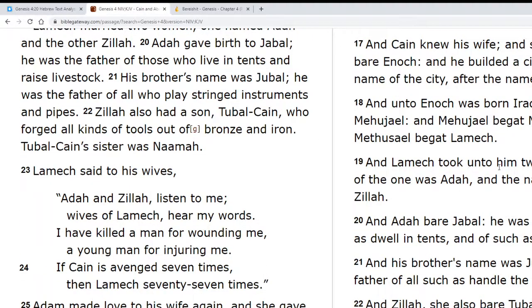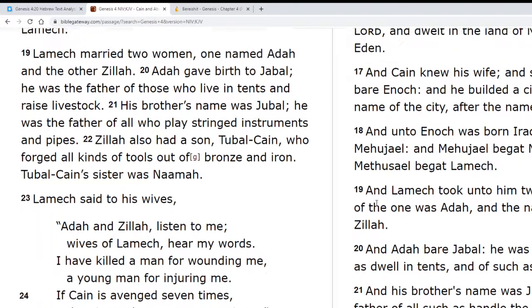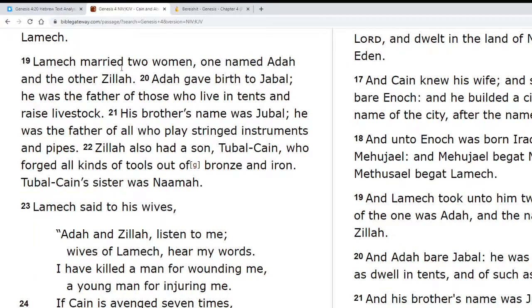Okay, let's see verse 19. And Lamech took unto him two wives. The name of the one was Ada, and the name of the other Zillah. And so NIV is translating it: Lamech married two wives, one named Ada and the other Zillah. I guess yet to take a wife is to marry, right?